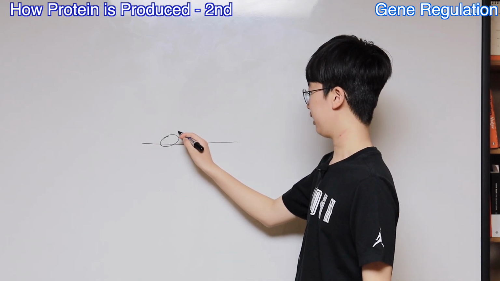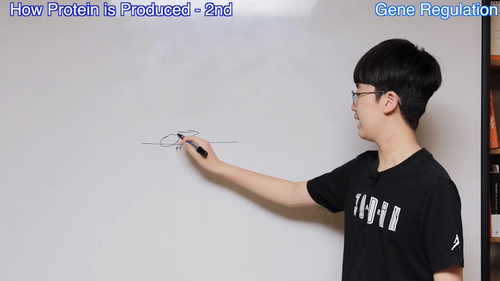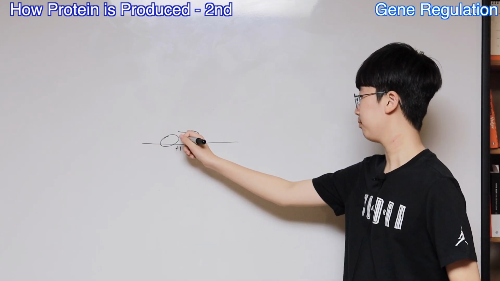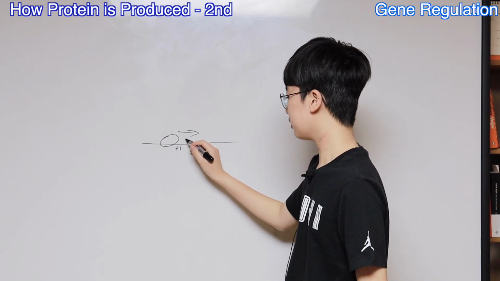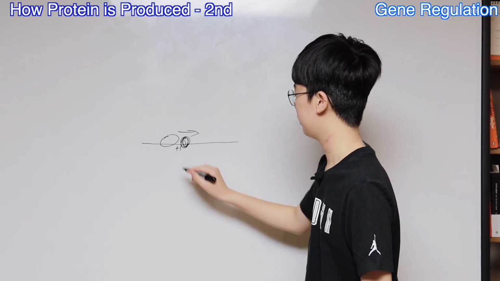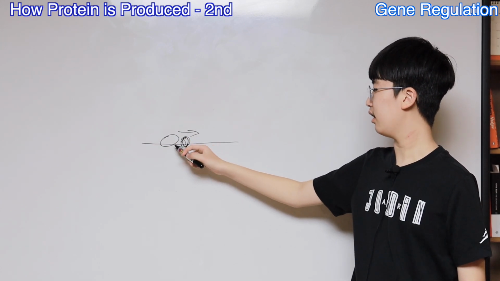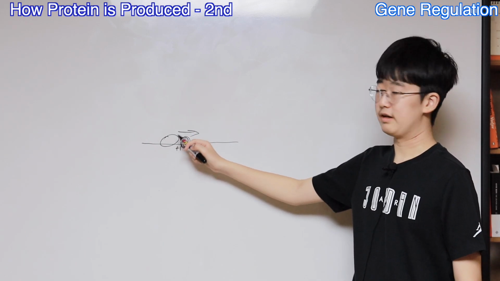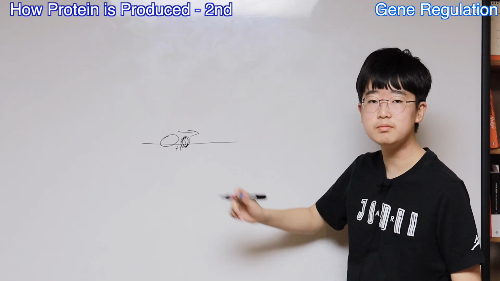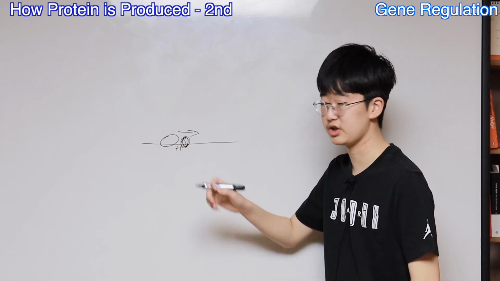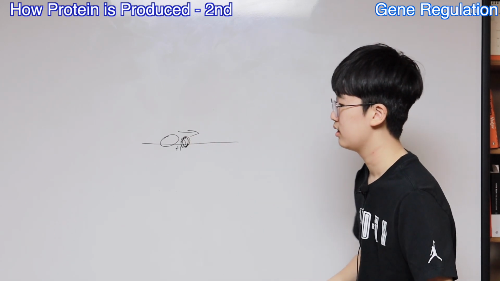It wants to move this way and start making the RNA, but there is another protein binding over here. It is blocking the polymerase from making the RNA, and sometimes it unbinds and lets the polymerase do what it does.